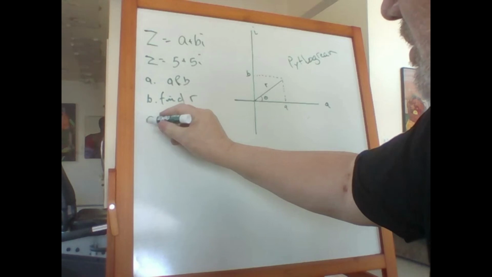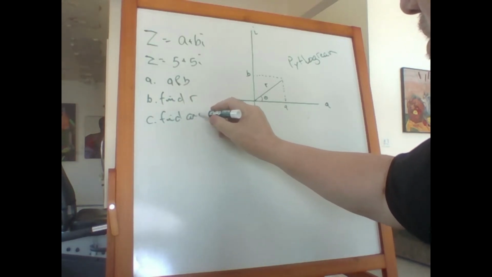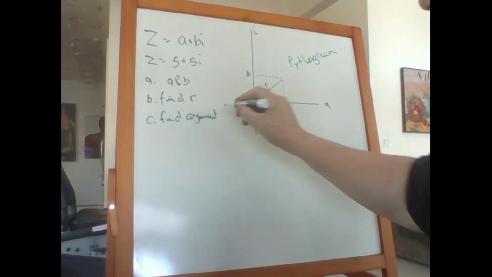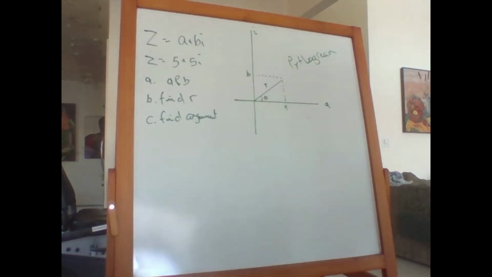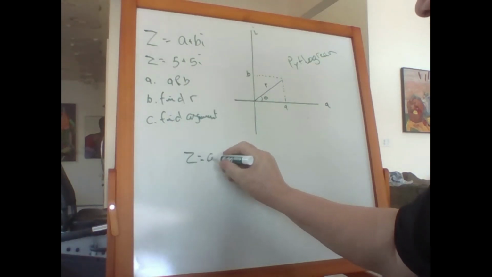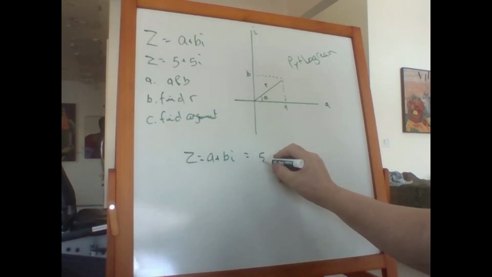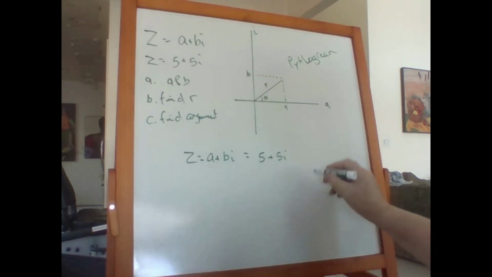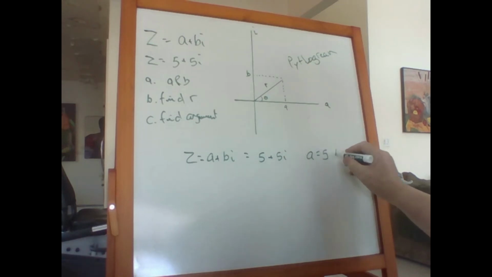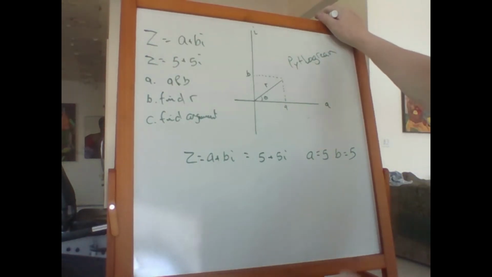And C, find the argument. Okay, so we got these three things. Well, since Z equals A plus BI, we have 5 plus 5I, A equals 5 and B equals 5. So we answered the first question.